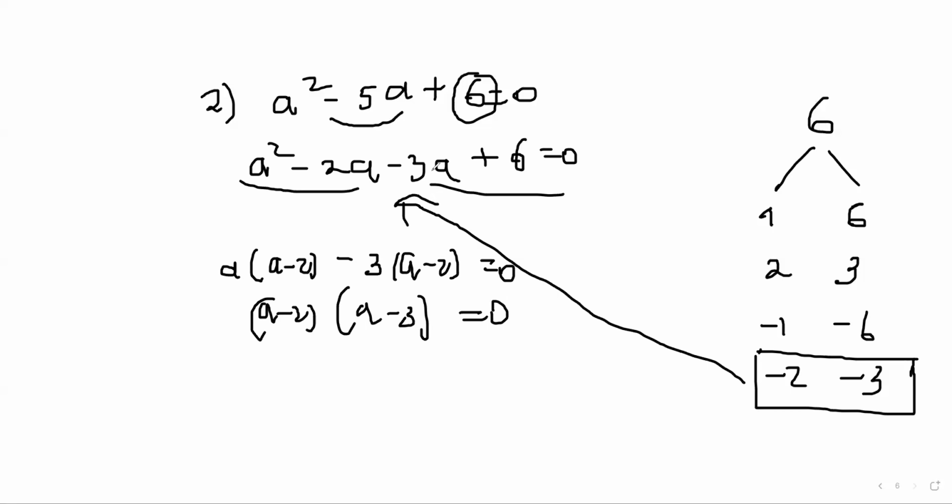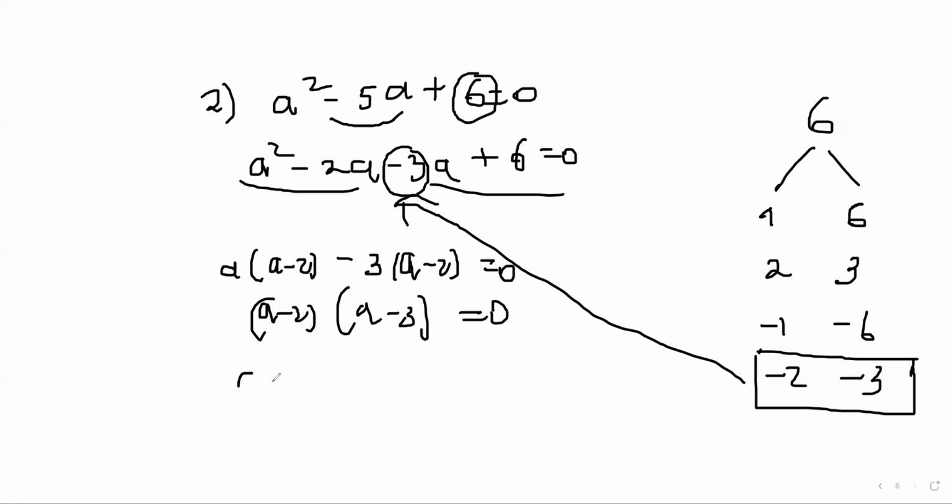In the meantime, you have to notice that there is minus 3. This is something that you should never forget. If you factor out minus 3 here, you get a minus 2, not plus minus 2. So a minus 2 is the common factor. We factored it out because of this.